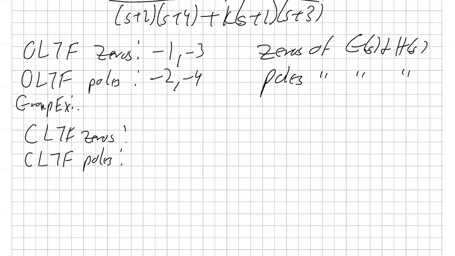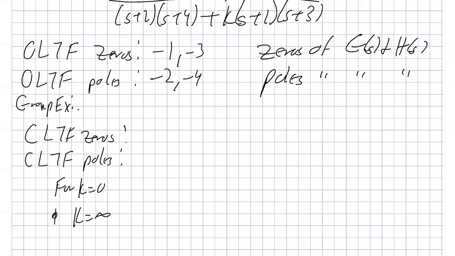For the poles, look at two different cases: k equals 0 and k equals infinity. If you want to pause right now, we'll then compare answers.